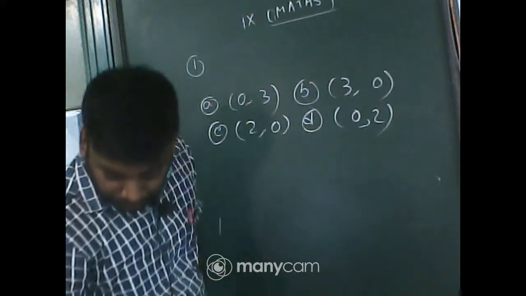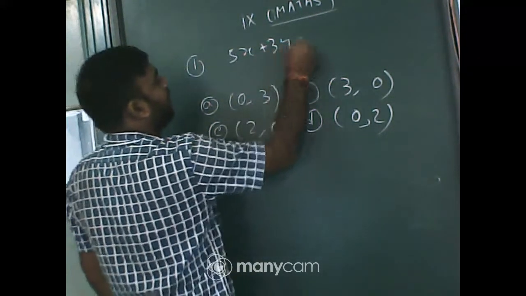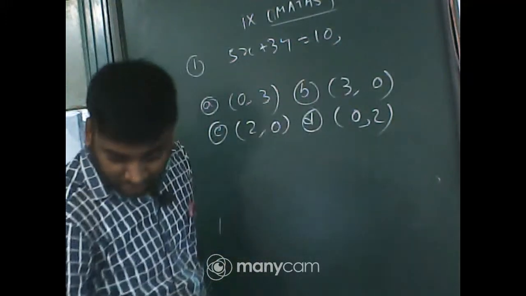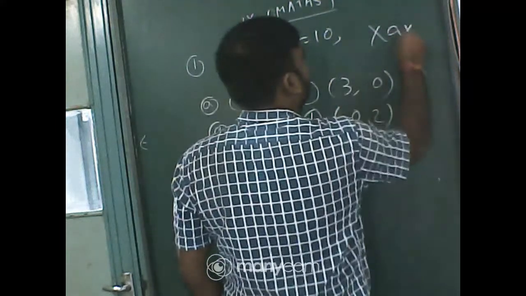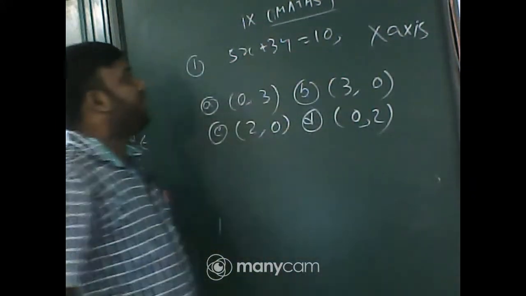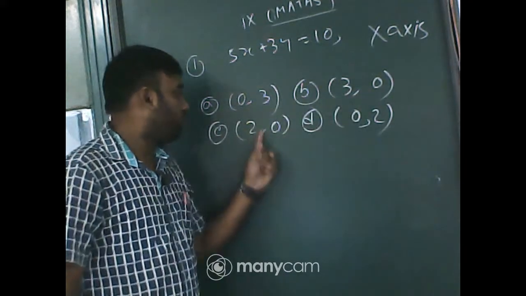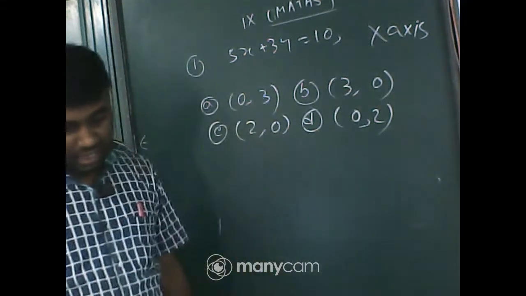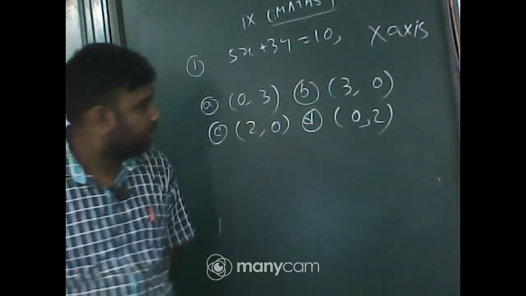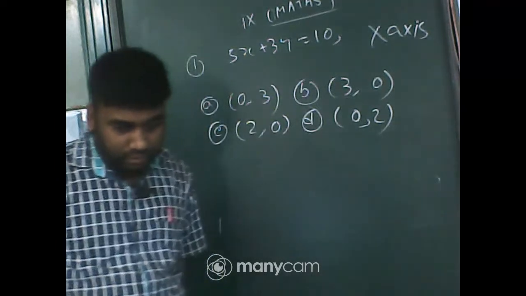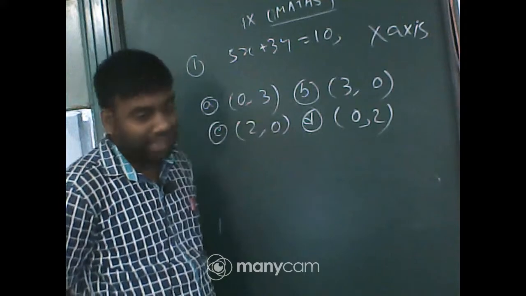The question is: 5x plus 3y equal to 10 meets the x-axis at which point? 0, 3; 3, 0; 2, 0; 0, 2. Which one is the correct answer? Quickly. Meets the x-axis.